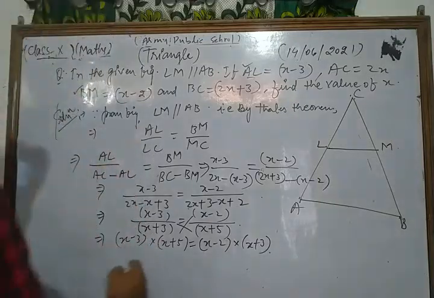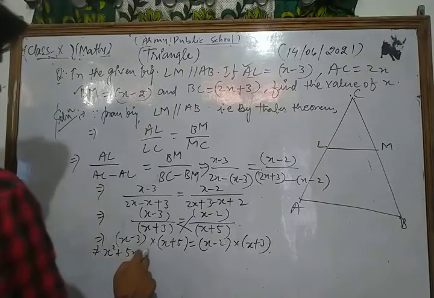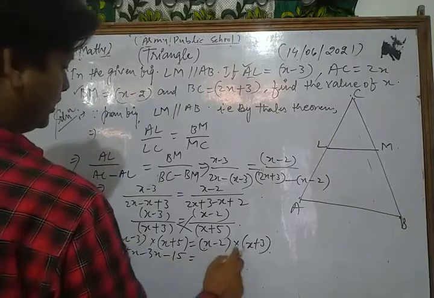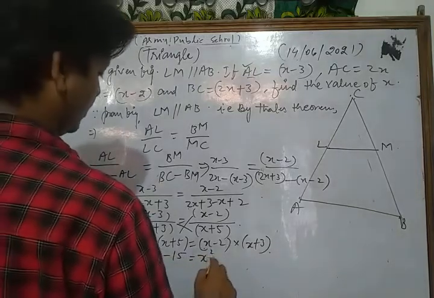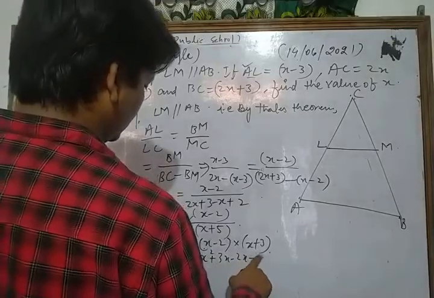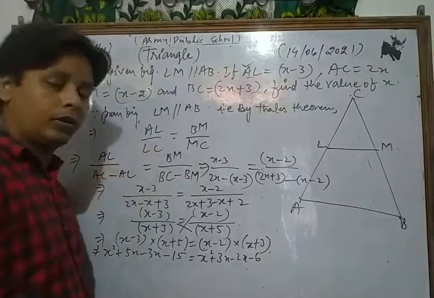Now we multiply them and simplify. We get x square plus 5x minus 3x minus 15, equal to x square plus 3x minus 2x minus 6.